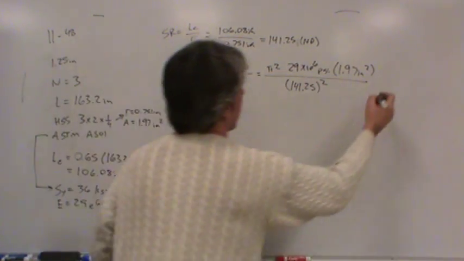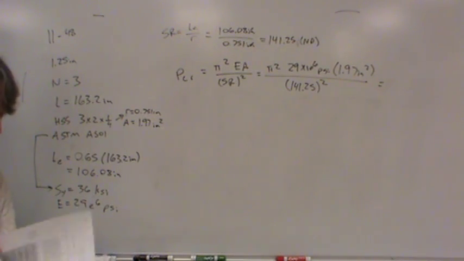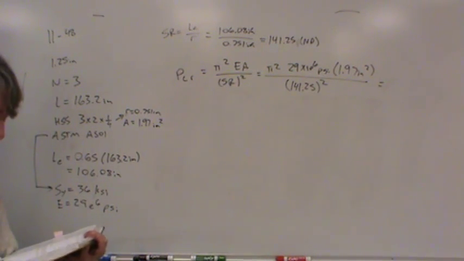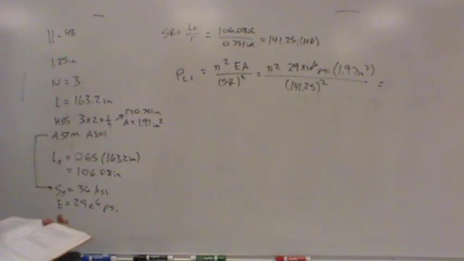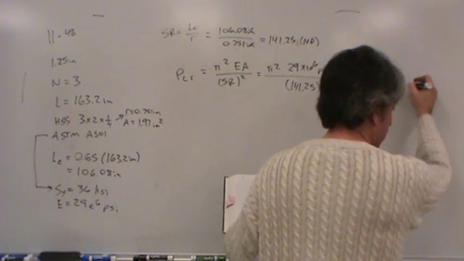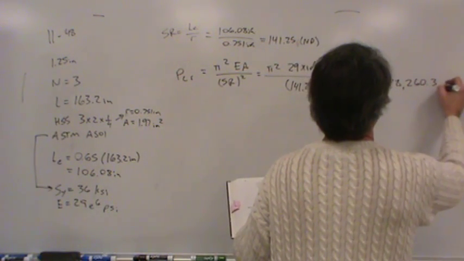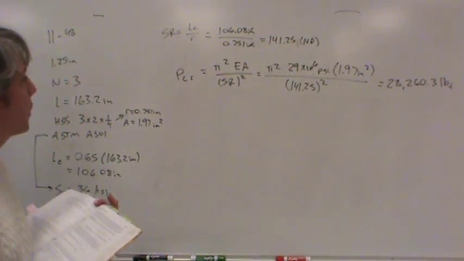Okay, so the critical load will be in pounds, if someone will put that in their calculator. 28,260.3. And that would be pounds force, right? Because the square inches went away. Okay, so there's the critical load.